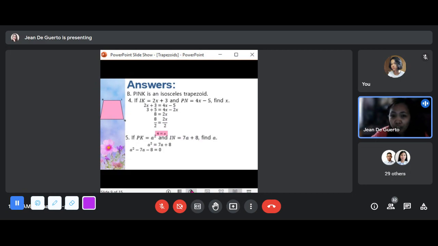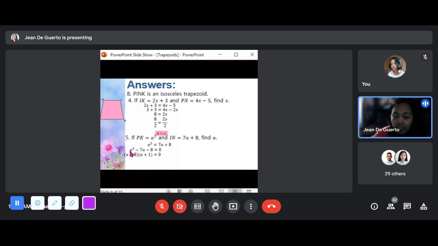Anong ginagamit yung method? Factoring? O may nagpa-quadratic formula? Ayan. Sinong ganito ang factor niya? Yung nag-factoring dyan.